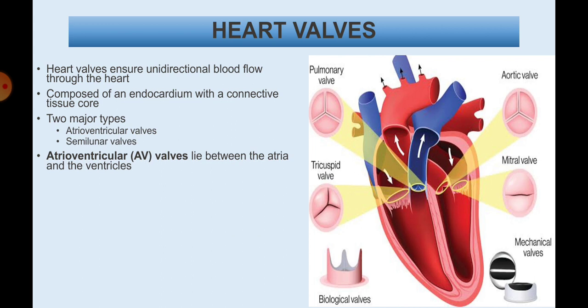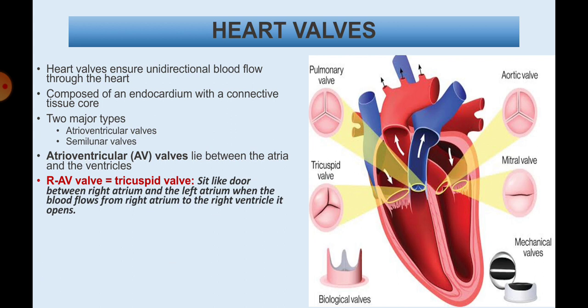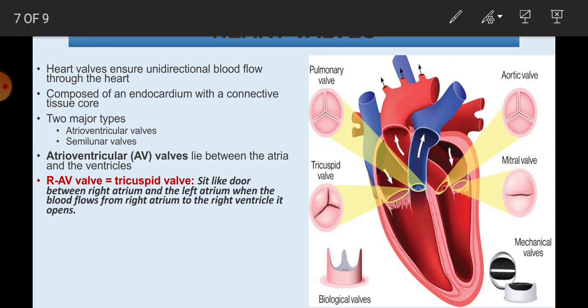Atrioventricular valves lie between the atrium and the ventricles. There are 2 atrioventricular valves, known as the right atrioventricular valve or tricuspid valve. This is atrium, this is ventricle, and between them there is an atrioventricular valve.